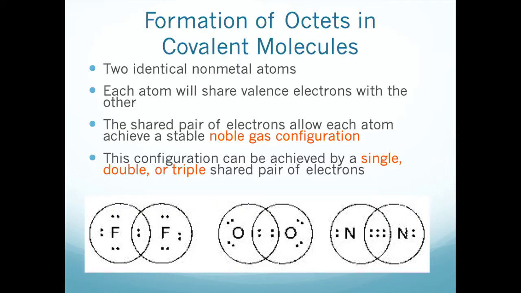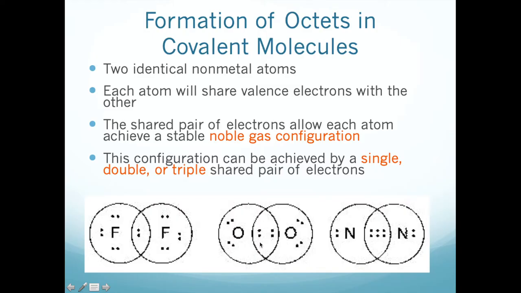Now, the number of electrons they have to pool together will vary depending on how many electrons they need as well. So an oxygen atom, which needs 2 electrons to meet the octet rule, will actually wind up contributing 2 of its own electrons to share 4 electrons in total between 2 oxygen atoms. So that's why oxygen, for example, has a double bond between the oxygen atoms, making up the molecule.